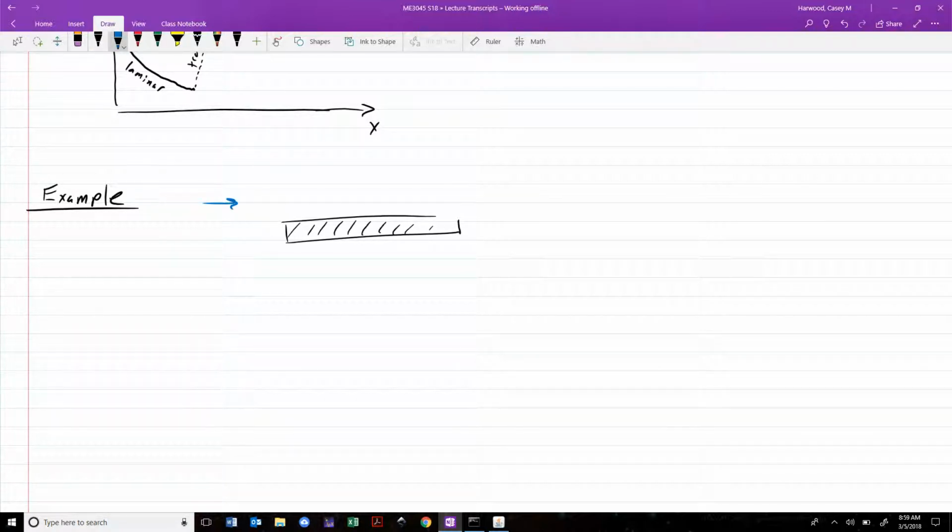This time we're dealing with water. So we have water flowing past a flat plate with a free stream velocity of 1 meter per second. This flat plate has a length of 0.6 meters. And experiments have shown the following.